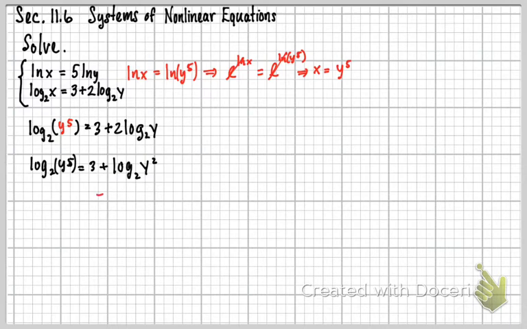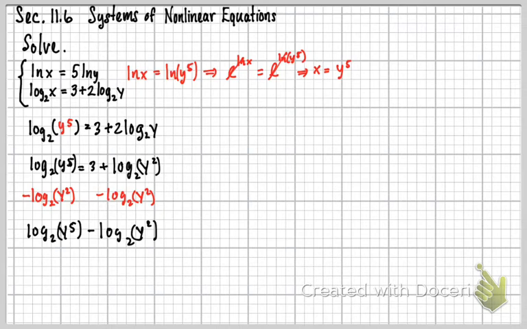So I'm going to subtract log base 2 of y squared from both sides. Keep in mind, I'm just trying to get my logs together. And then what I'm going to end up with is log base 2 of y to the fifth minus log base 2 of y squared equals 3.